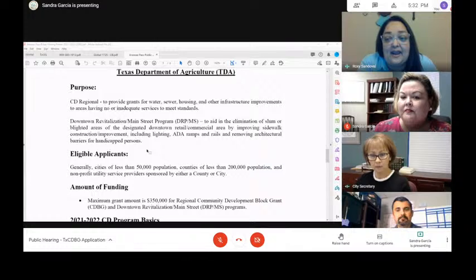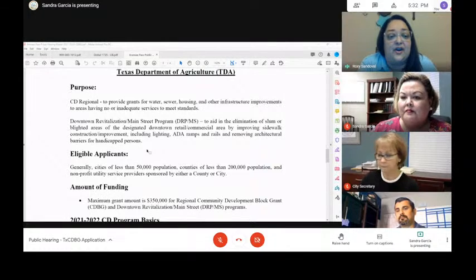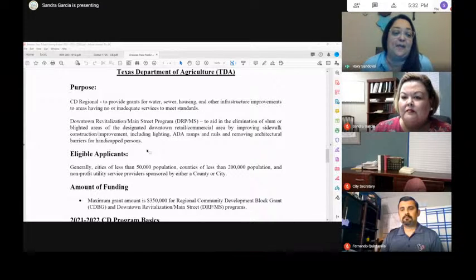And this is done by improving sidewalks, sidewalk construction, curb and gutter, some street improvements, and also lighting, ADA ramps, and removing architectural barriers for handicapped persons.